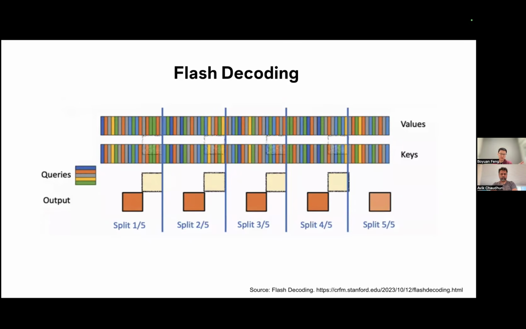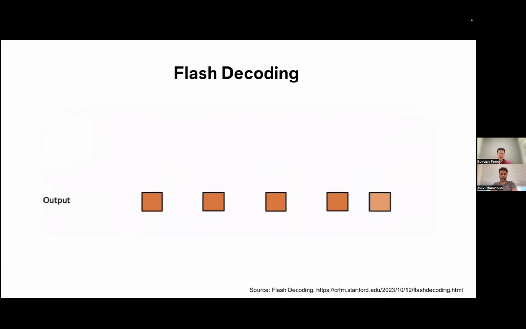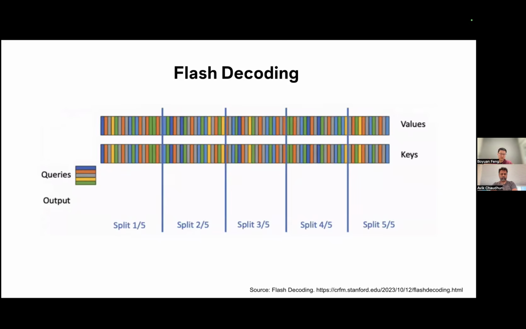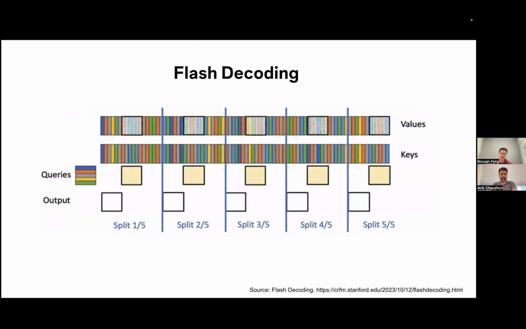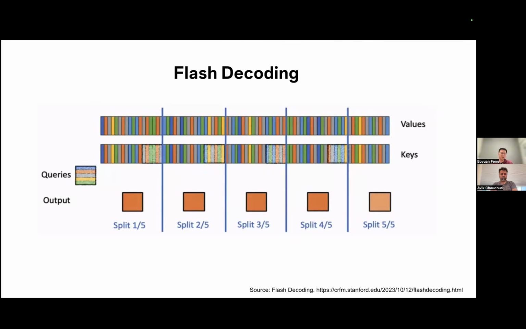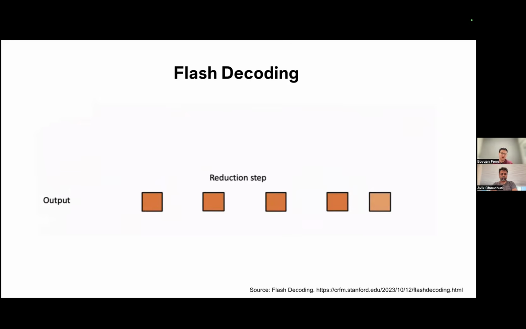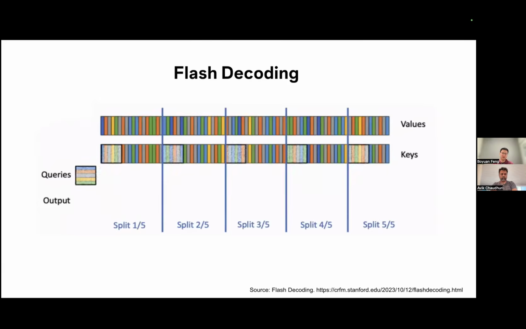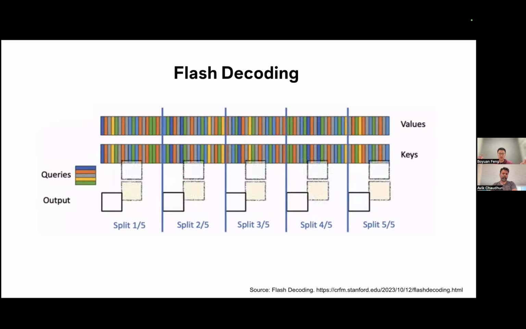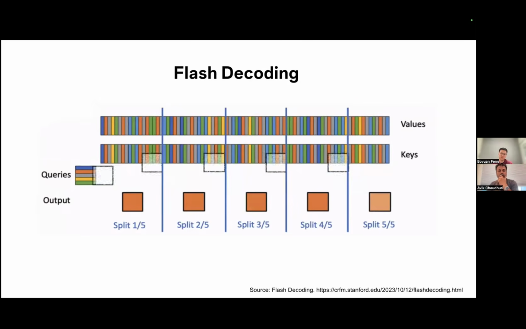It's basically we split along the KV dimension. You see we split into five splits, and for every split, we do the computation in parallel and accumulate it into, let's say, five different outputs. And finally, we have a single reduction step to get the single output, right? In this way, we can use parallelism along the KV length dimension.